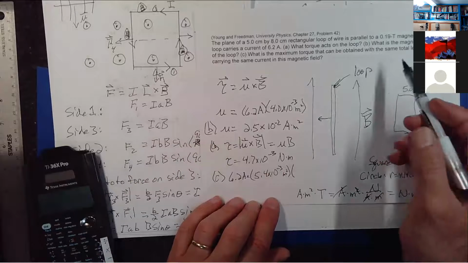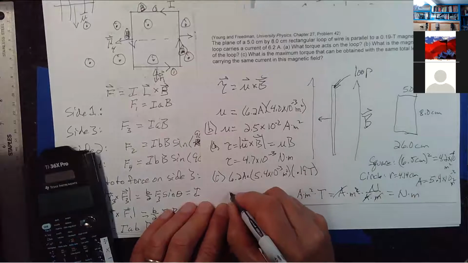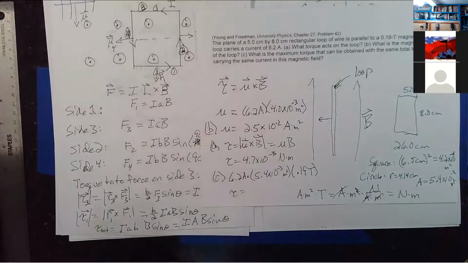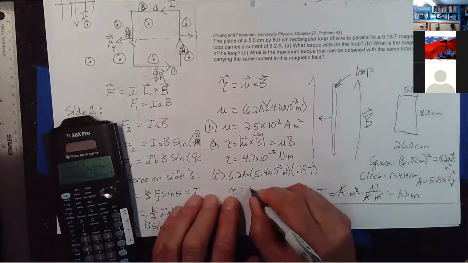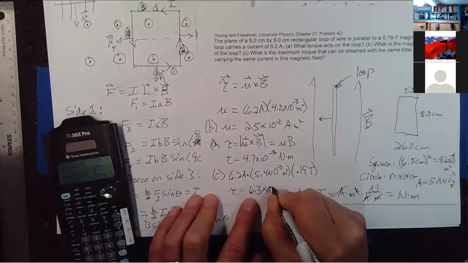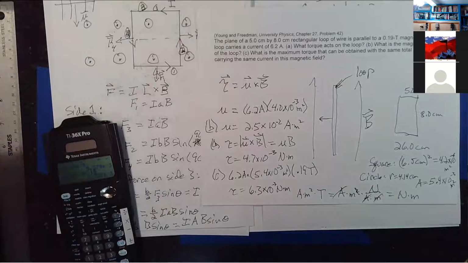B was 0.19. I'd get a torque of 6.3 times 10 to the minus third Newton meters in that case.